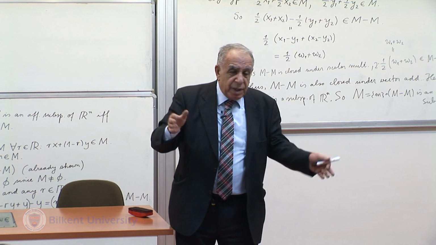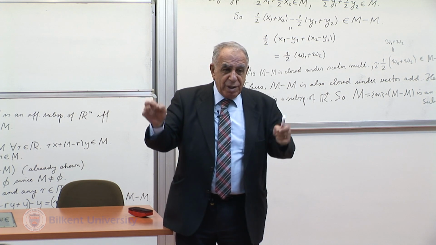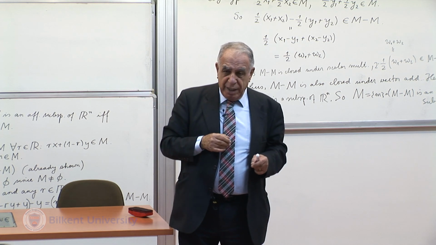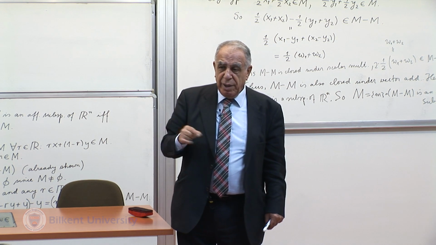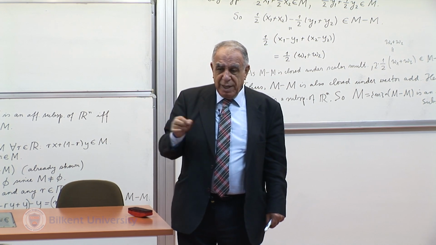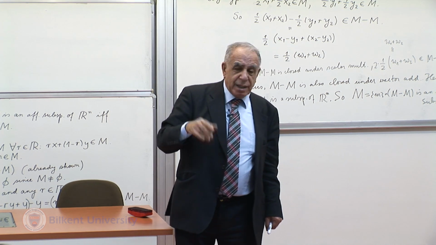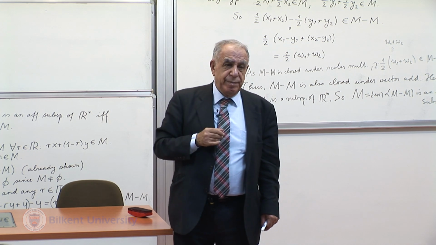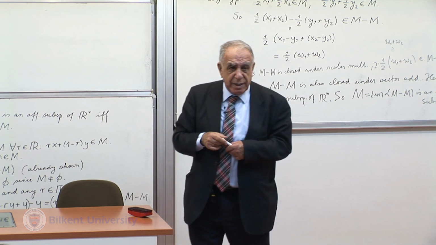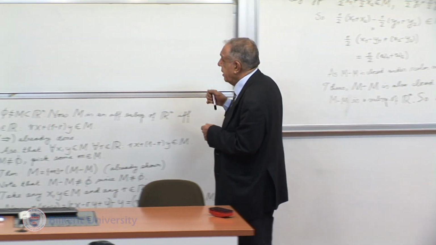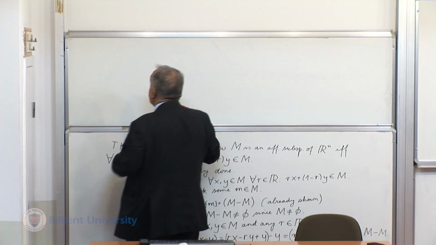So if we take, for example, two distinct points, then their intersection will be empty. But it will turn out to be true that if that intersection is non-empty, then the intersection will be an affine subspace of Rn. Now let's continue then with that proposition.